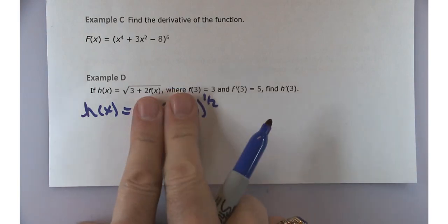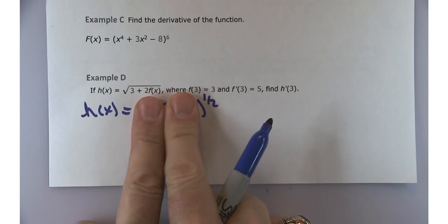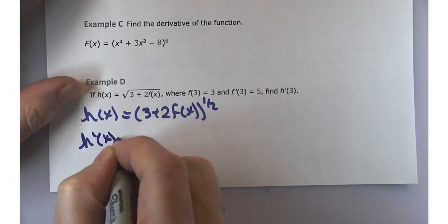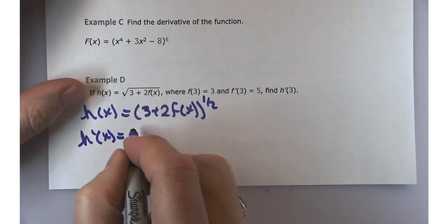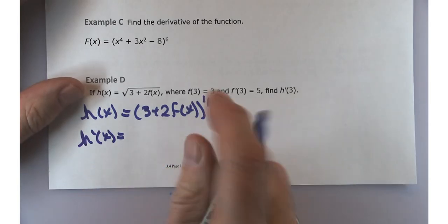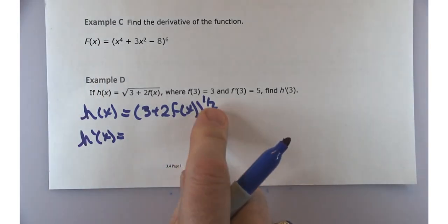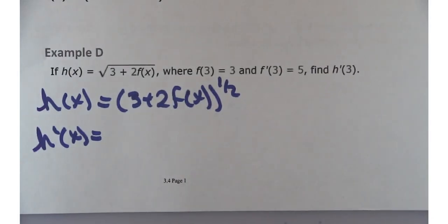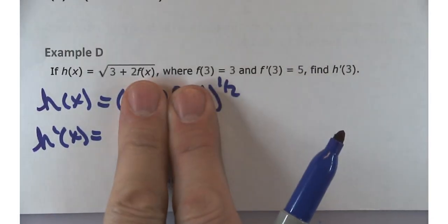So if you're differentiating something to the 1/2 power, what's that going to look like? Well, let's just do it with the exponent stuff that we replaced here. Your outside function is something to a power.